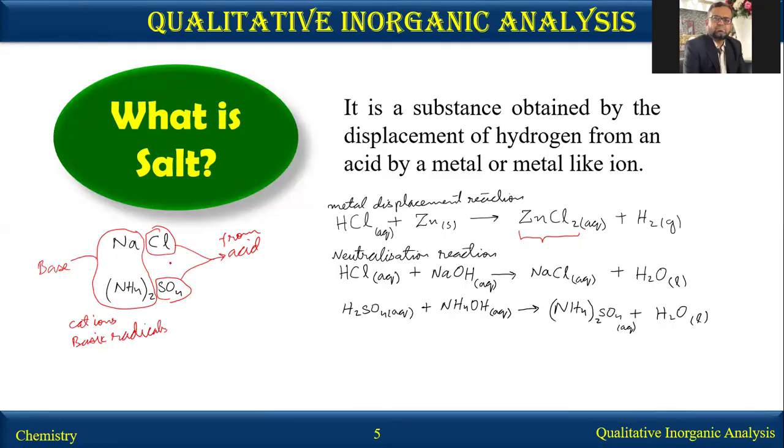And as chloride and sulfate ions are from an acid, any negative ion that came from an acid is called anions or acid radicals.